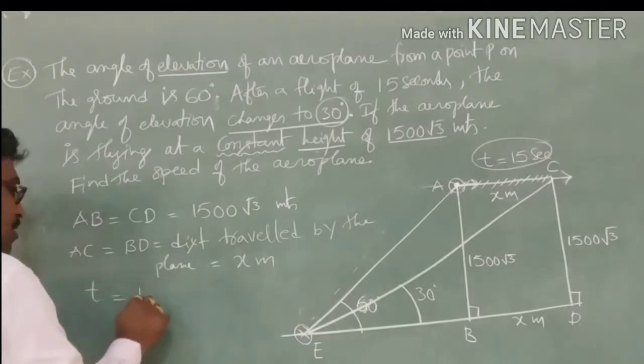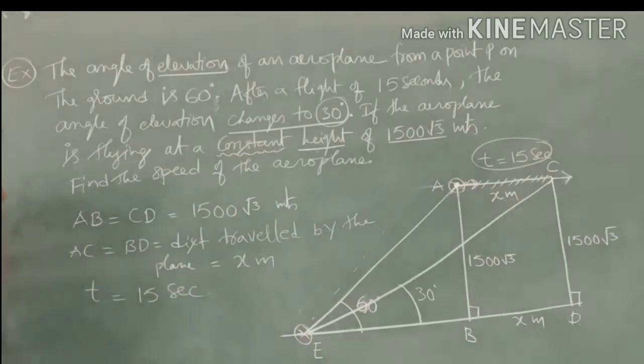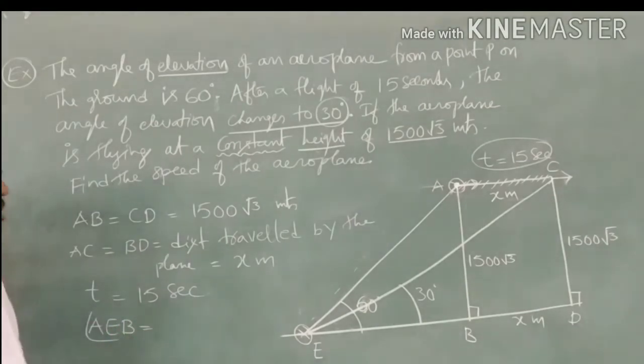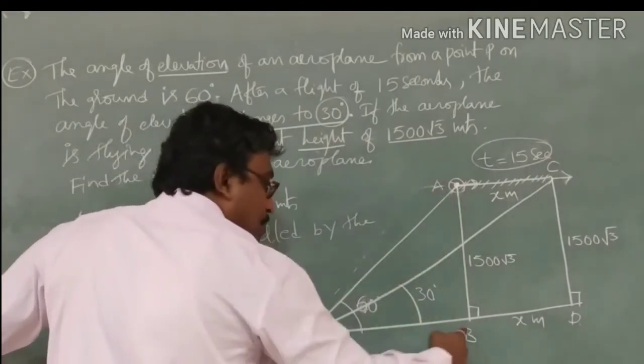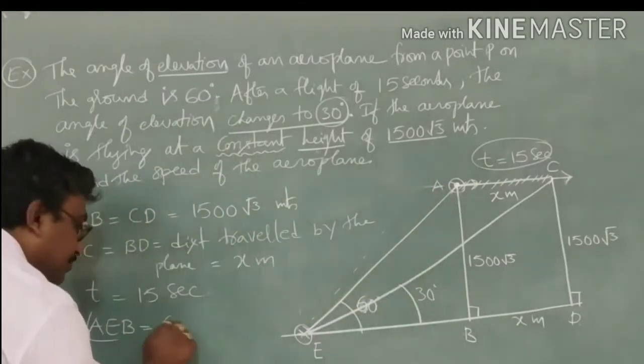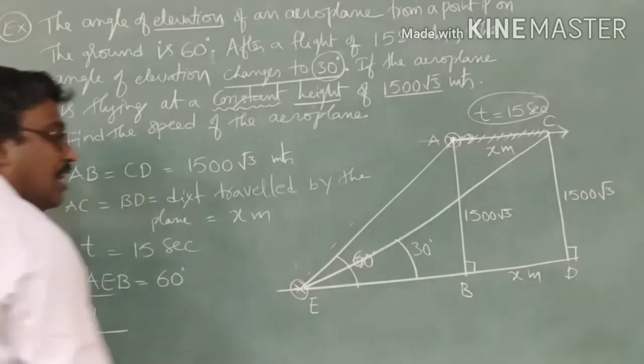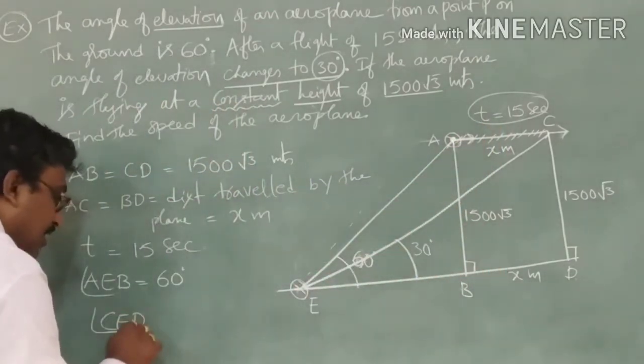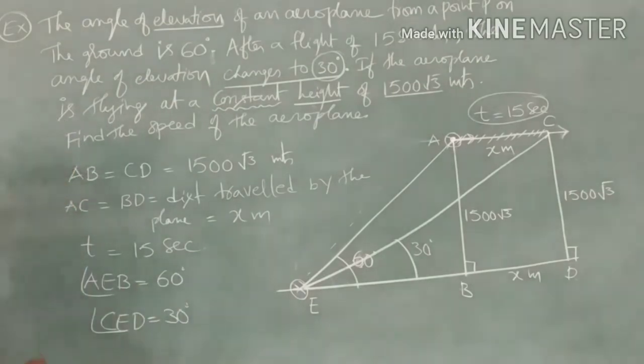Time is given as 15 seconds. And the angles of elevation: angle AEB is 60 degrees, and the other angle of elevation, CEB, is 30 degrees.